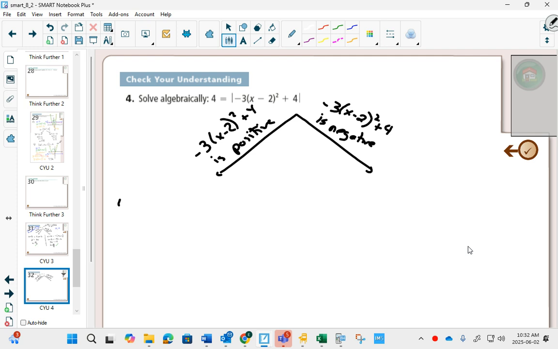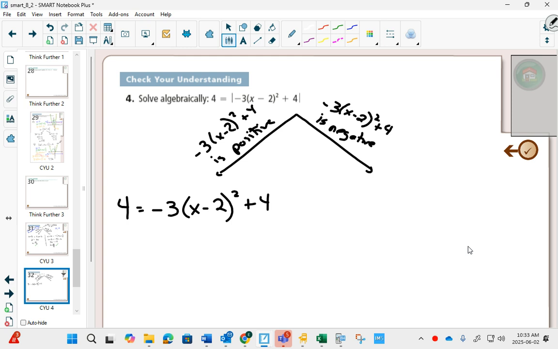If it's positive, the absolute value would do nothing. Okay? And if it's negative, then you would have to make it positive. So there's two options here.